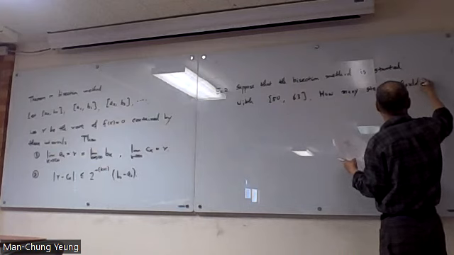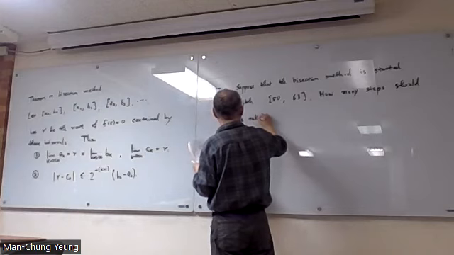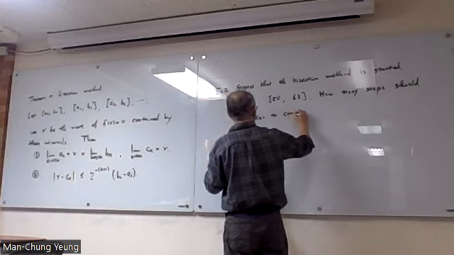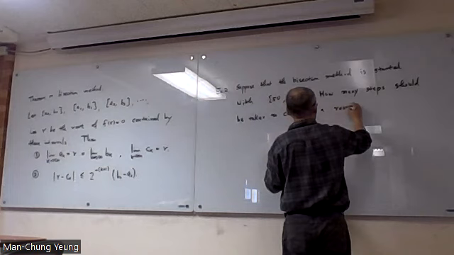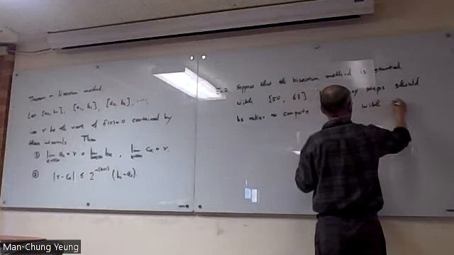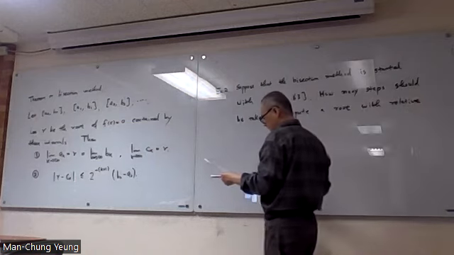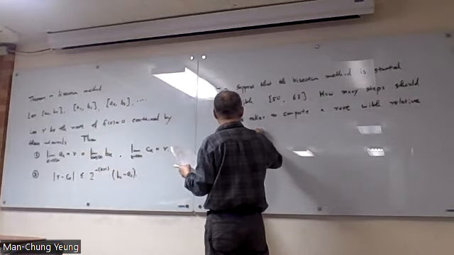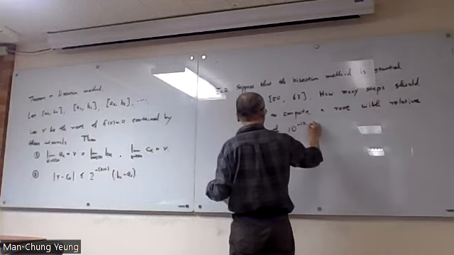to compute a root with relative error, or relative accuracy, of 10 to the negative 12.